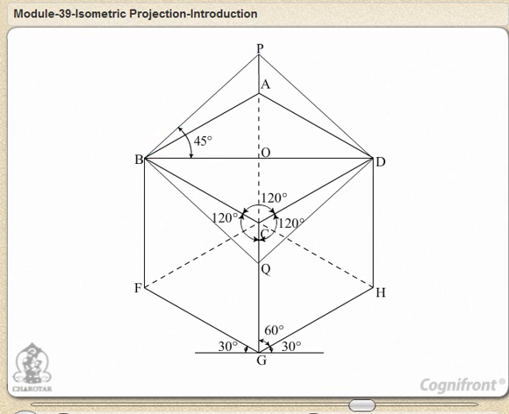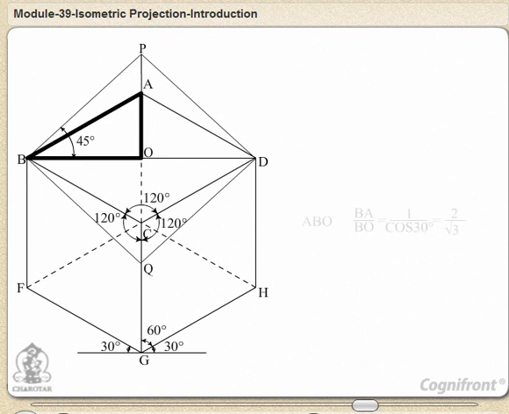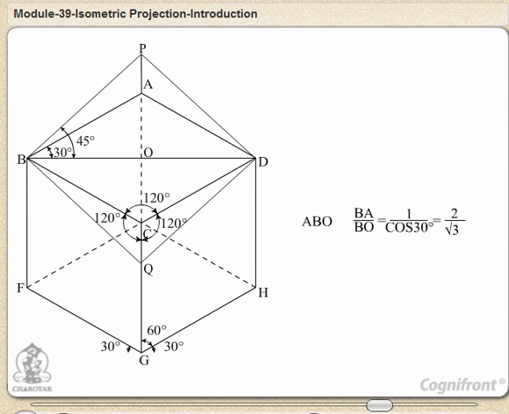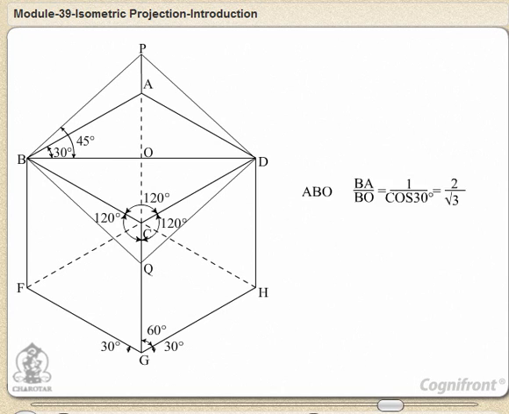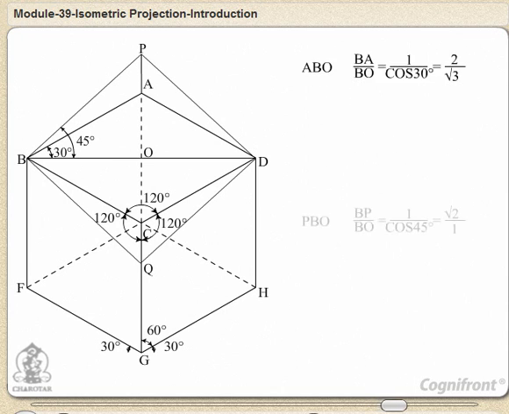In triangle ABO, BA upon BO equals 1 upon cos 30 degrees, which is equal to 2 upon root 3. In triangle PBO, BP upon BO equals 1 upon cos 45 degrees, which equals root 2 upon 1.